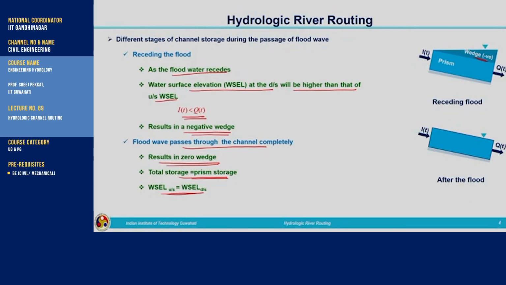And after the flood wave has travelled from the downstream section, or receding of the flood wave has completely taken place, what will happen? The flow will be coming back to the normal condition with the inflow and outflow having the same value, with the water surface elevation at the upstream and downstream in equal condition.